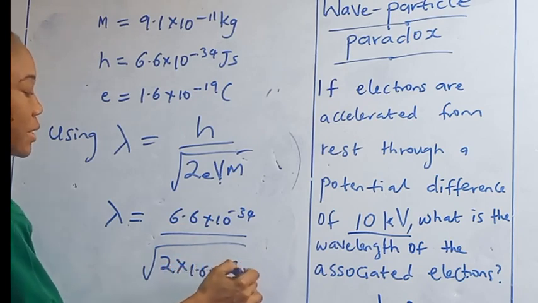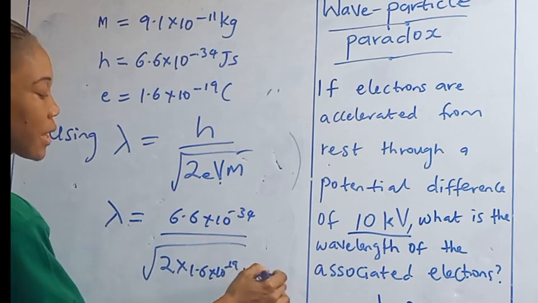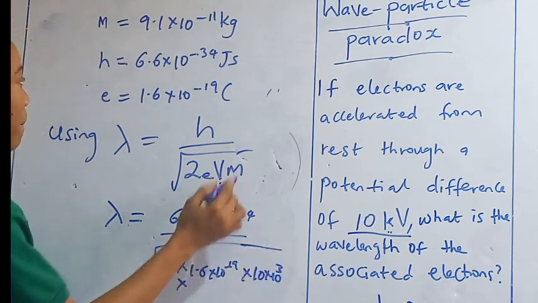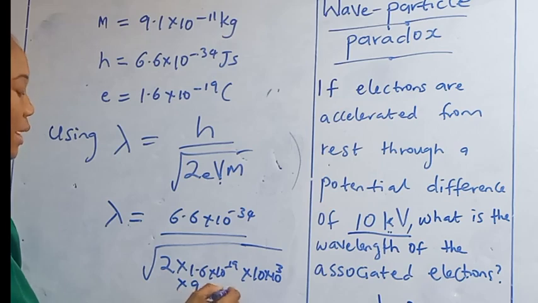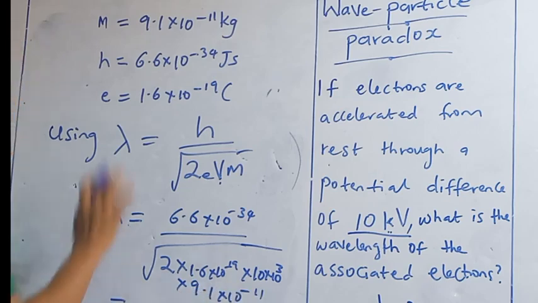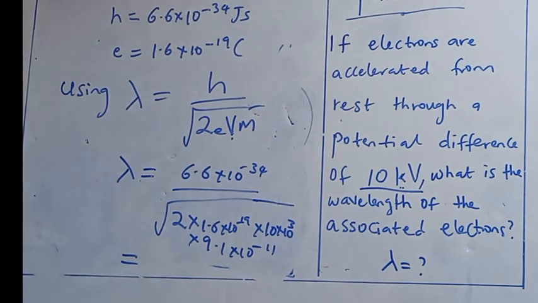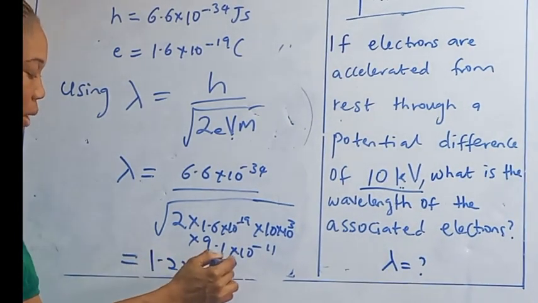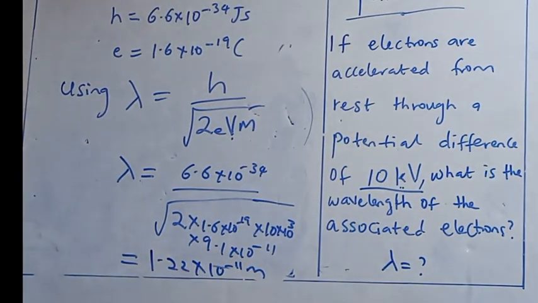We put in everything times V, 10 times 10. Remember to convert this, raise it to power 3, times the mass of the electron, 9.1 times 10 raised to power minus 31. So at the end, you get your final answer as 1.22 times 10 raised to power minus 11 meter. So this is the solution to this problem.